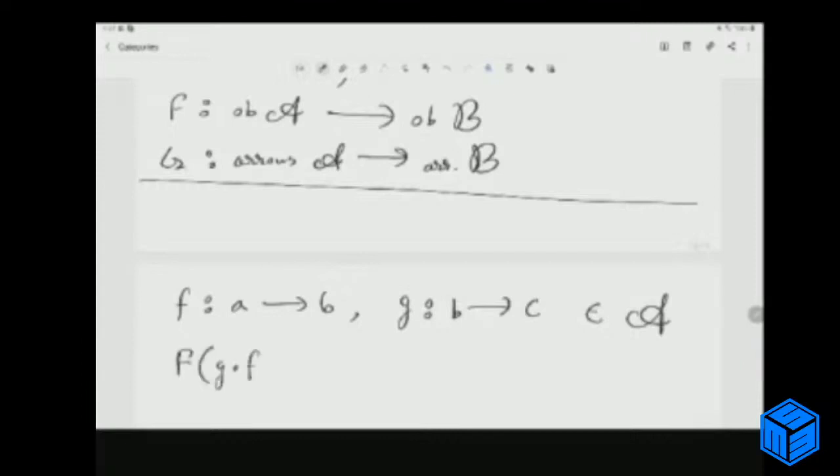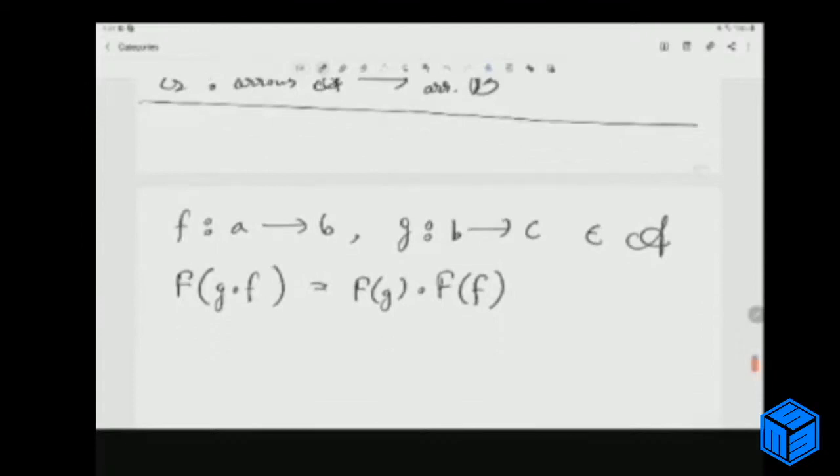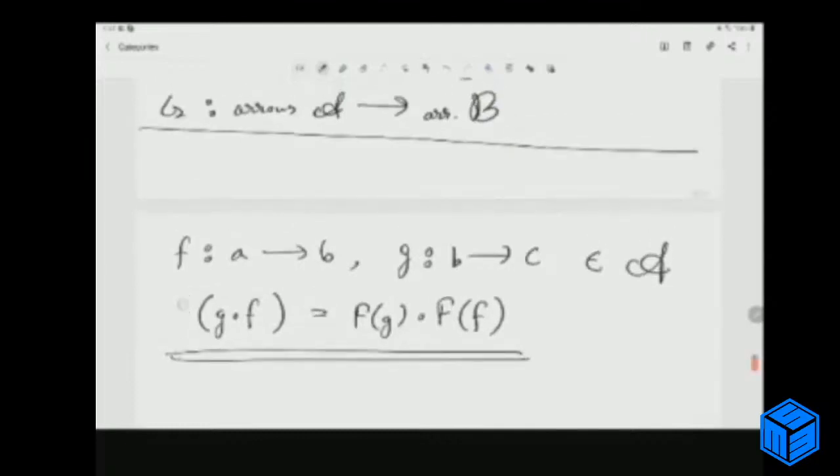I hope I'm getting the compositions right. F of g composed with F of f. Okay. And when you have this condition, you call this a functor.